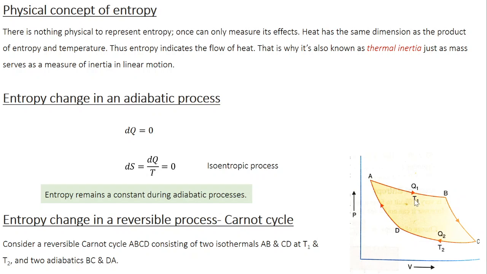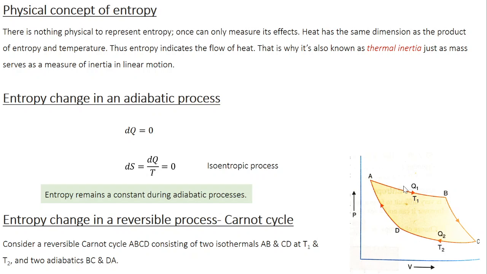BC changes from temperature T1 to T2 and DA changes from T2 to T1. As we already know, the Carnot cycle consists of four processes: isothermal expansion AB, adiabatic expansion BC, then isothermal compression CD, and finally adiabatic compression DA.